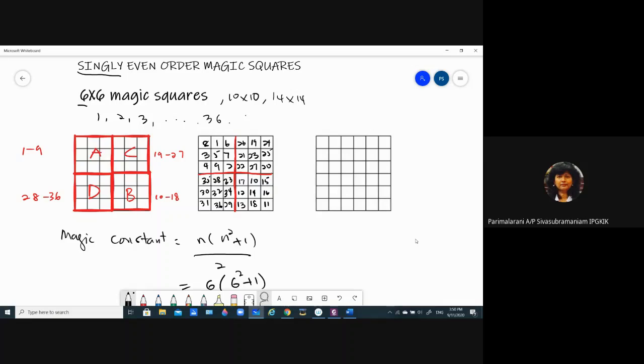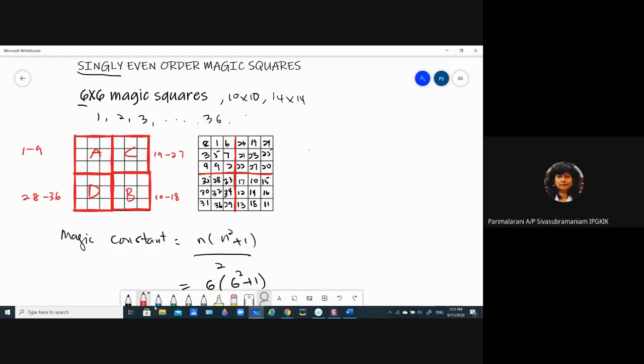Now can you add and tell me how much is each column or each row? Is it 111? Just try one row.